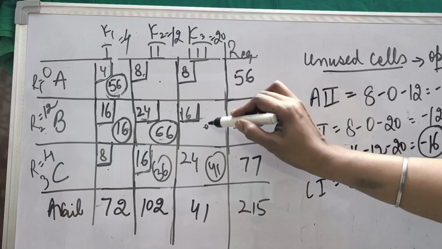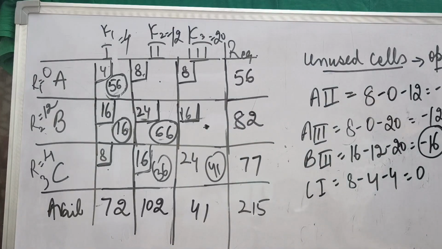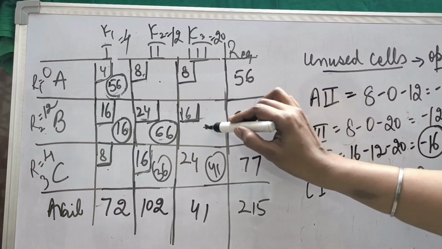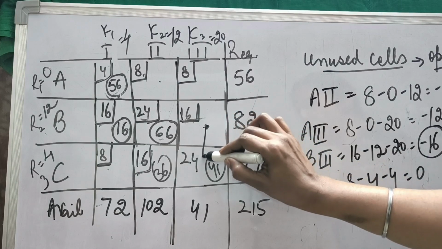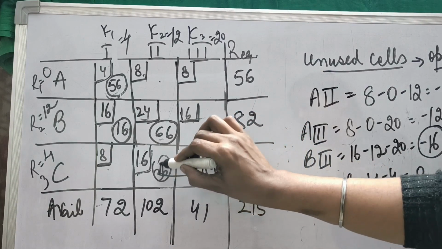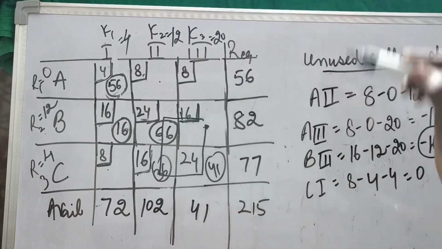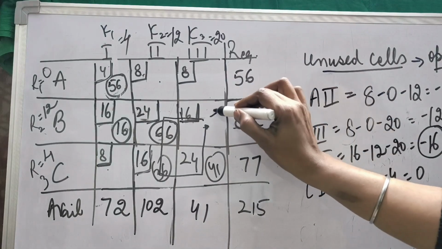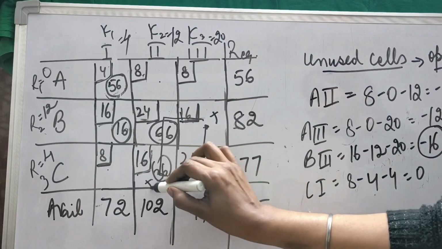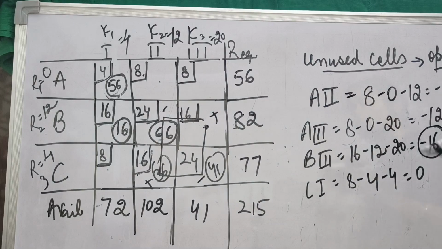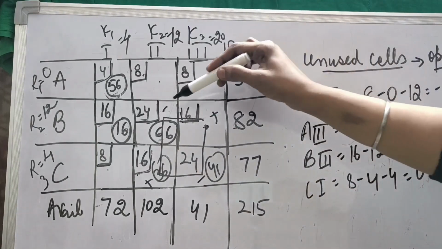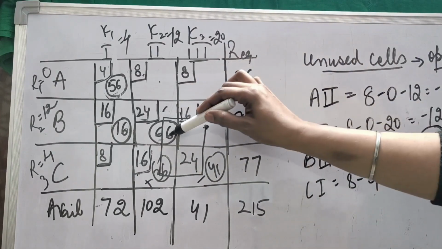Now you have to make a loop for this cell as we have done in the stepping stone method. So if I want to make a loop, I can see a very clear loop from here, here and coming back, right? Same rules, plus, minus. Now again the same rule, see the negative corners.